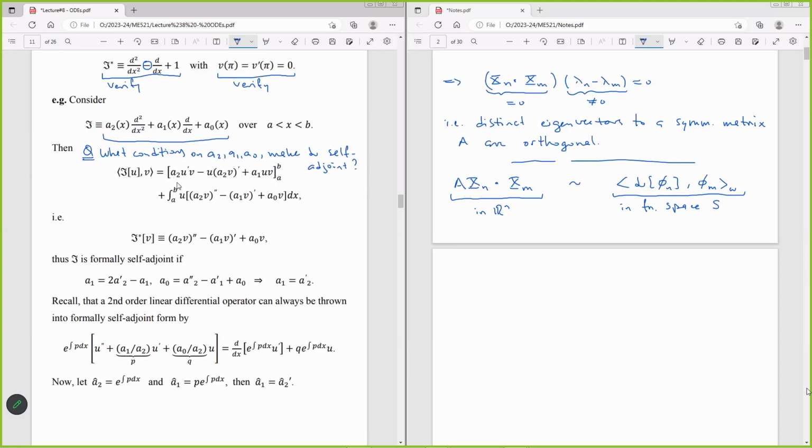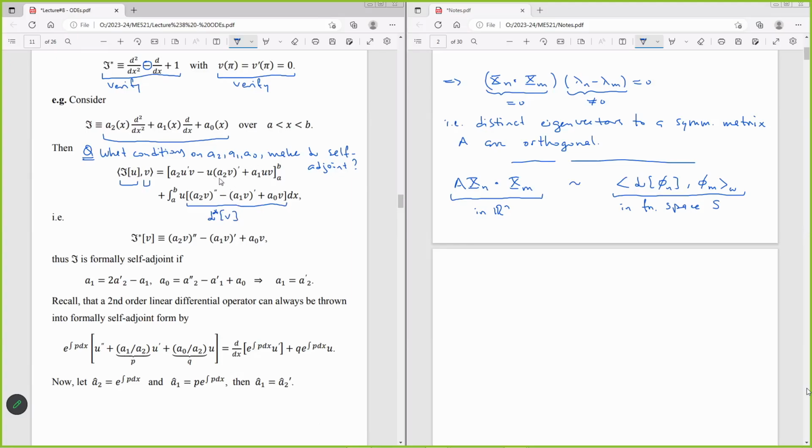Okay, and what I'm going to do is this. I'm just going to form this as usual inner product. I'm not using a weight here. It's weight 1. And if you go through this integration by parts procedure, that becomes your L star V. And I assume boundary terms are 0.